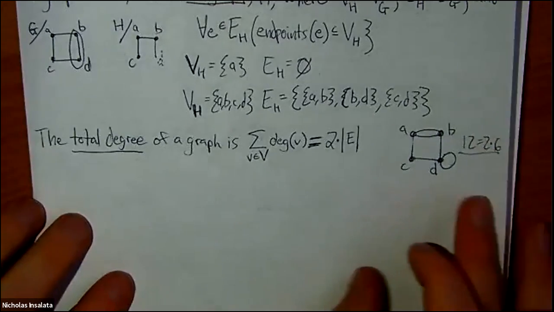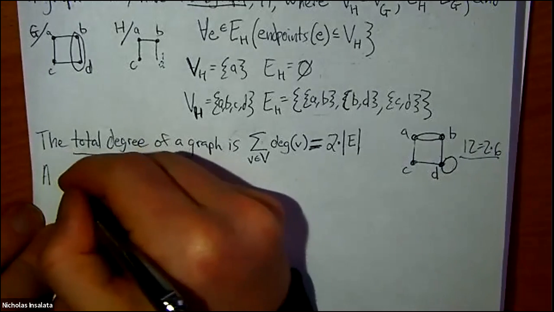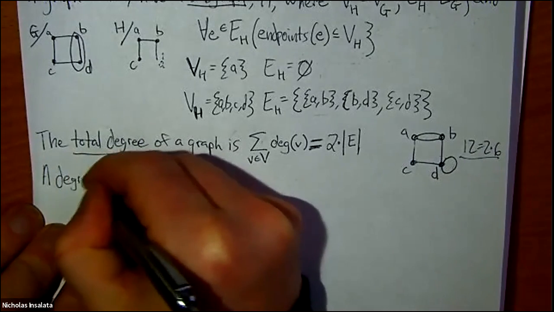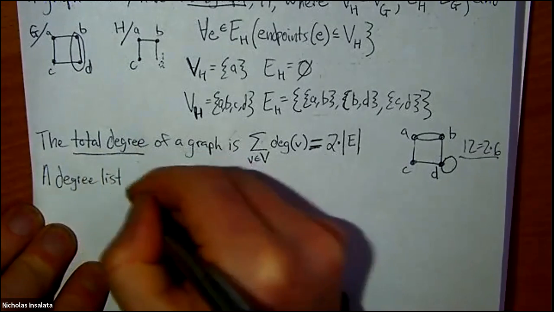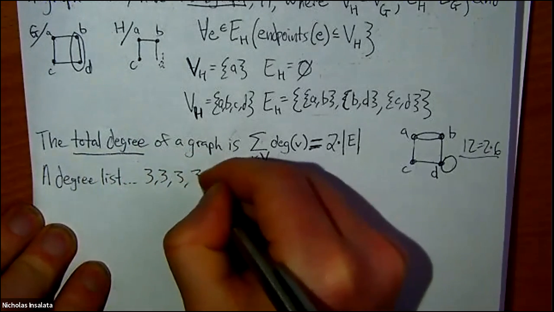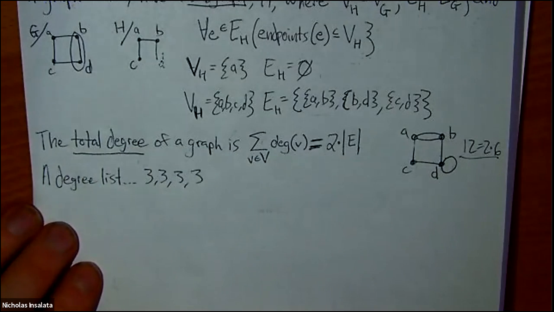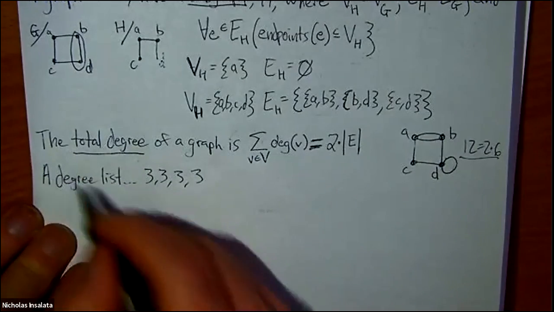Because what if I had my, let's do a degree list. 3, 3, 3, 3. Right? So what I'm saying is there's 4 vertices and each vertex has degree 3, right? So I would call this a degree list.